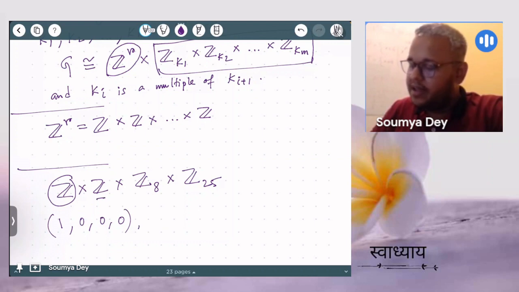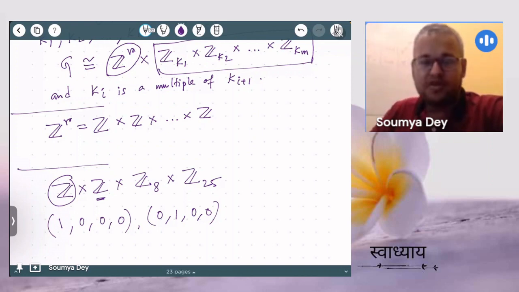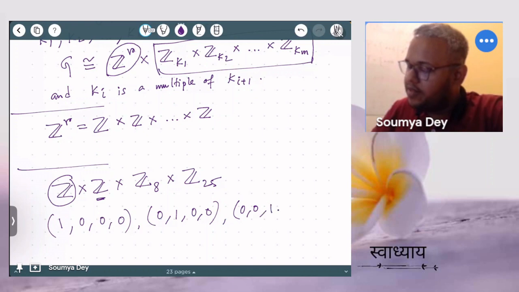For this Z, you can have 0, 1, 0, 0. By the way, the first two components are coming from Z, the third one is coming from Z8, and the last one is coming from Z25. I hope you understand, right? And then you take 0, 0, 1, 0, and finally 0, 0, 0, 1.